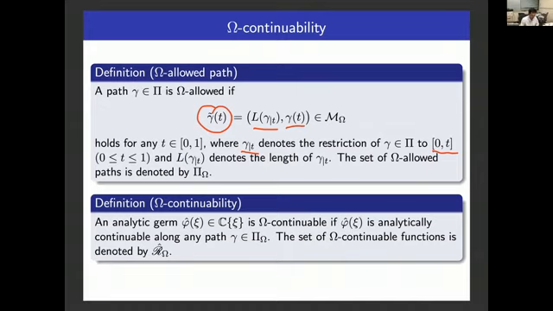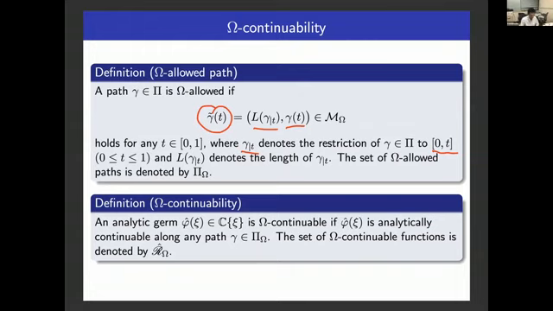Using Ω-allowed paths, we define Ω-continuability in the following way. An analytic germ φ̂(ξ) is Ω-continuable if φ̂(ξ) is analytically continuable along any path γ in Π_Ω. And the set of Ω-continuable functions is denoted by R̂_Ω.